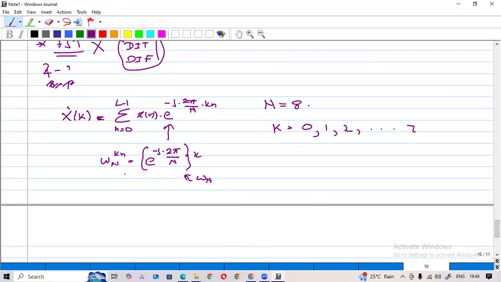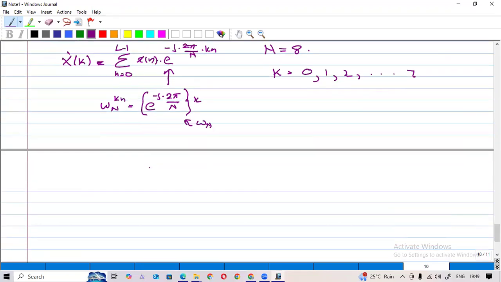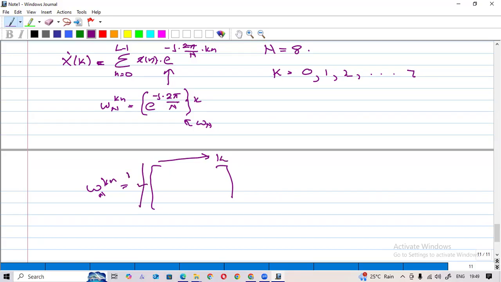If you are going to develop a matrix, you can develop this W_N^{kn} matrix. In this direction K values are there, in this direction N values are there.